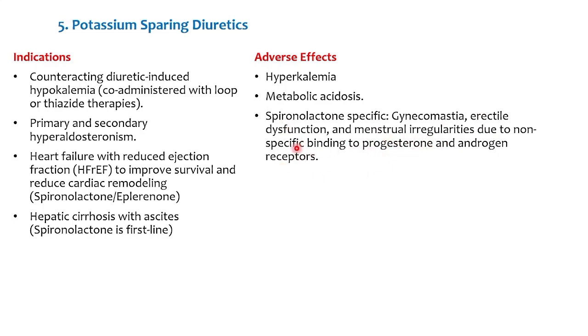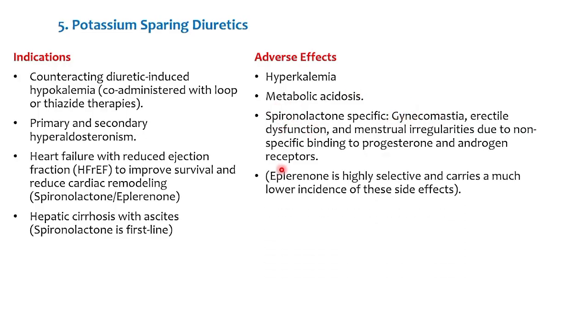Gynecomastia is basically breast tissue in males. If you see a male client having breasts, it may be gynecomastia, or man boobs. A drug that tends to cause this is spironolactone. Eplerenone is highly selective and carries a much lower incidence of these side effects.